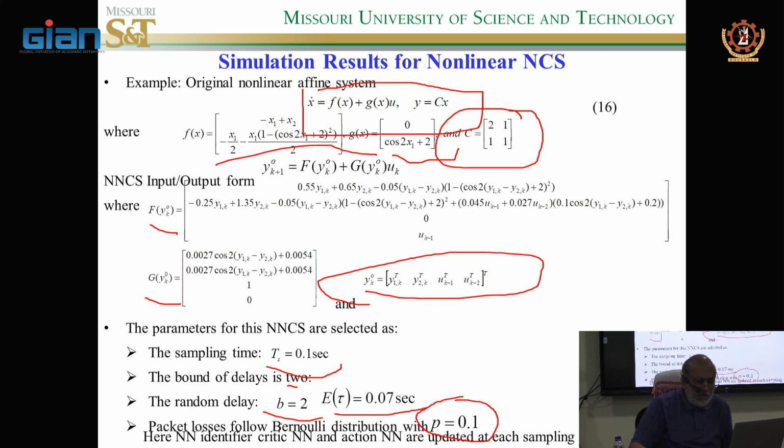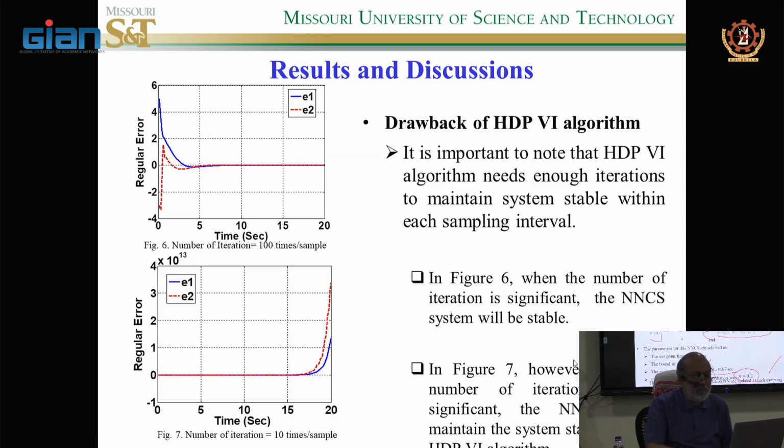Here identifier, critique and action are updated at each sampling interval, like I said. So now we started with HDP, the heuristic dynamic programming value iteration. Now look at that. If I'm using 100 iterations per sampling instant, nicely stuff converges. Okay? Now what happens when I'm using 10?